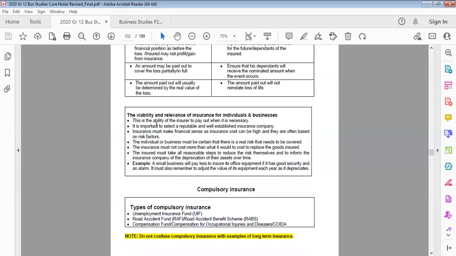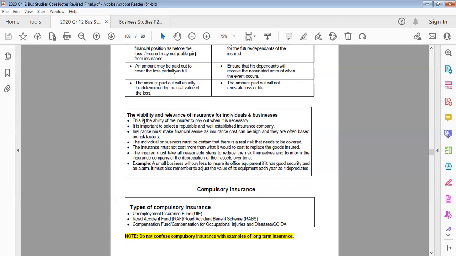Okay. Viability and relevance of insurance for individuals and businesses. This is the ability of the insurer to pay out when it is necessary. So you'll hear about people that talk about how the insurance made them wait, and OUTsurance is the best because they respond promptly and those types of things.